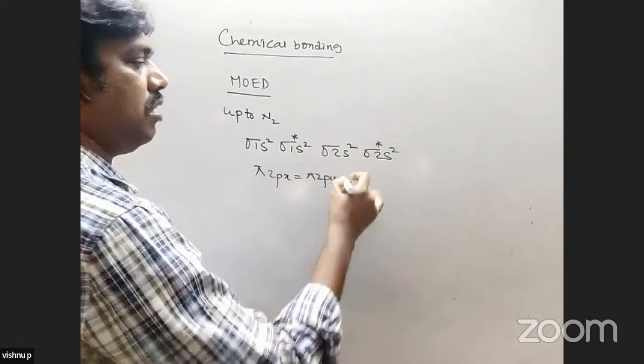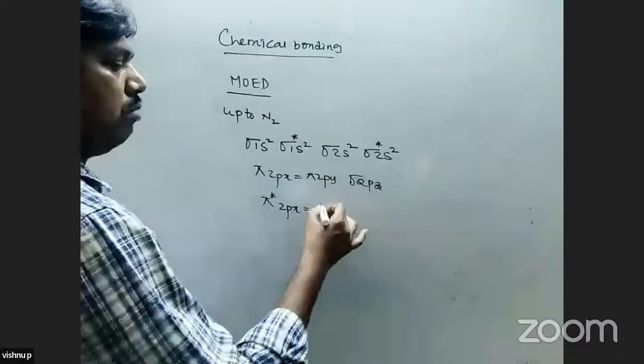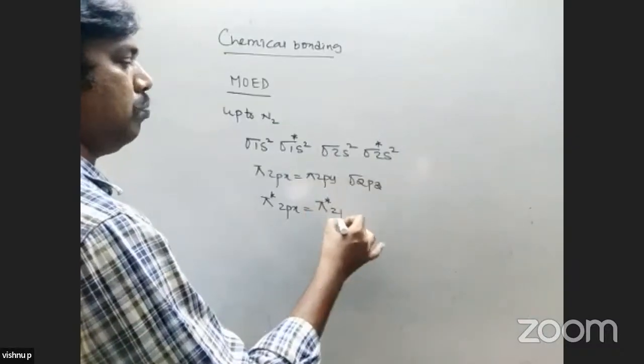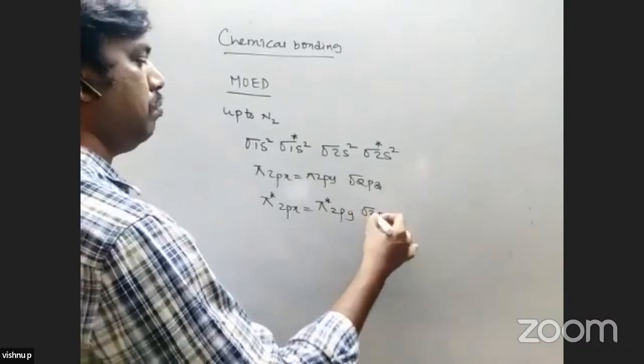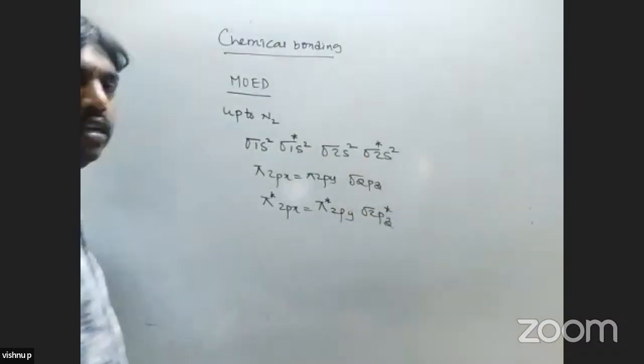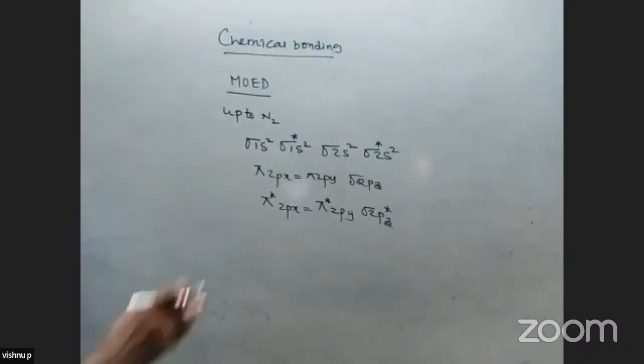After this, sigma 2pz, then pi anti-bonding with 2py and sigma 2pz anti-bonding. So this is the electronic configuration up to the nitrogen molecule.